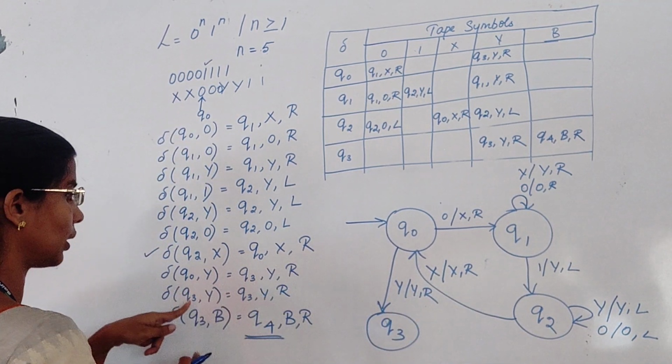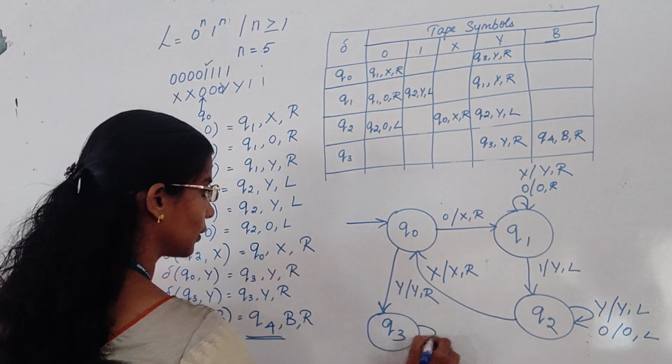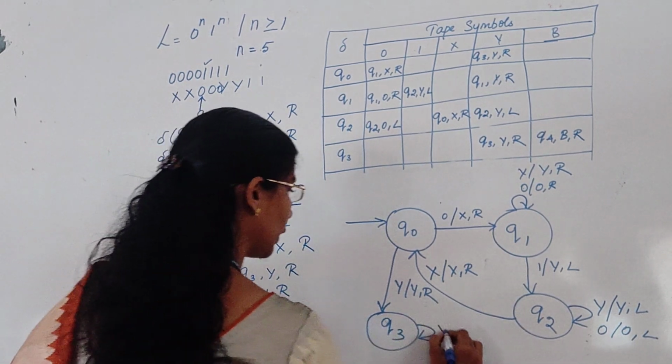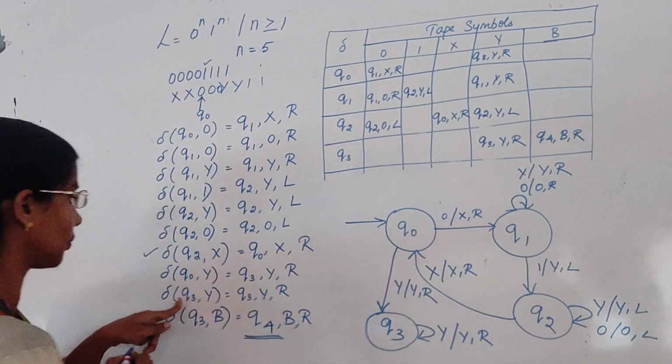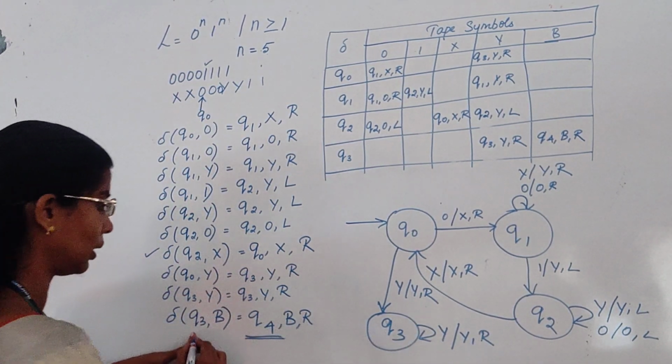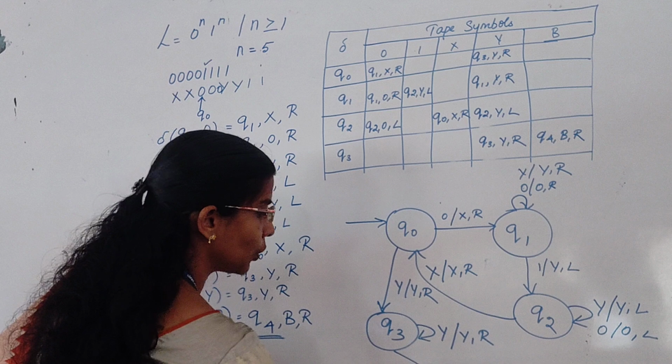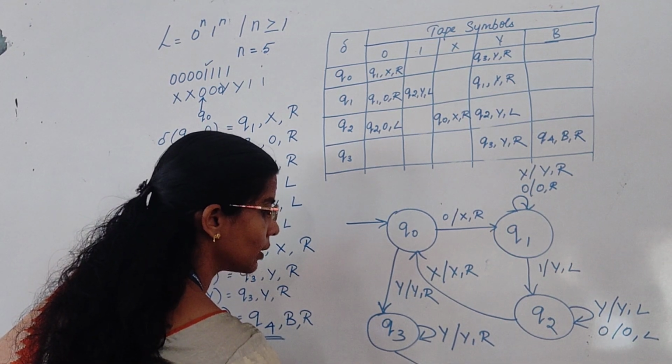Then Q3 self loop: Y slash YR. Next Q3 to Q4, which is the final state.